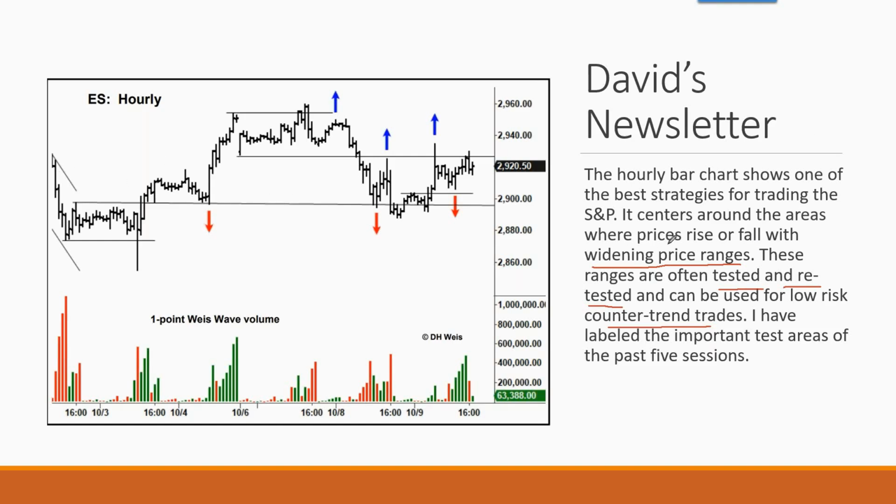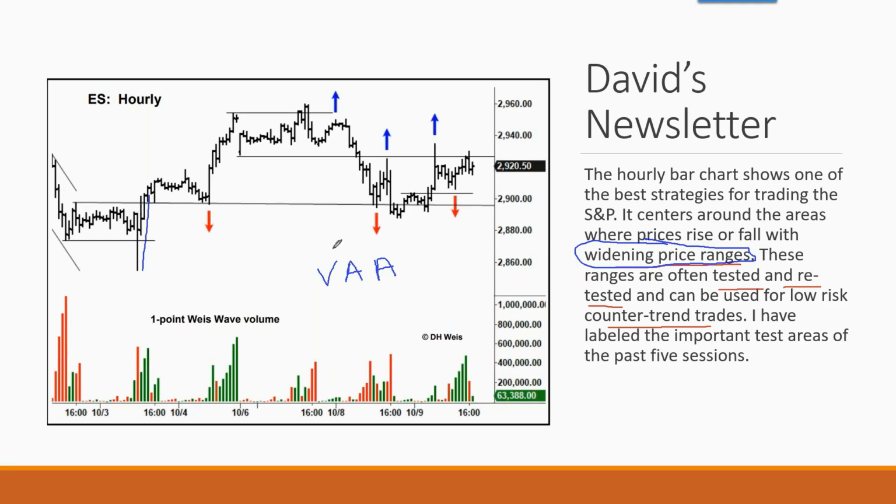What does he mean by widening price ranges? Well, another way to refer to this would be vertical acceleration areas. The idea being that when the market goes vertical, like here, and it's on wide spread, he calls it widening price ranges.